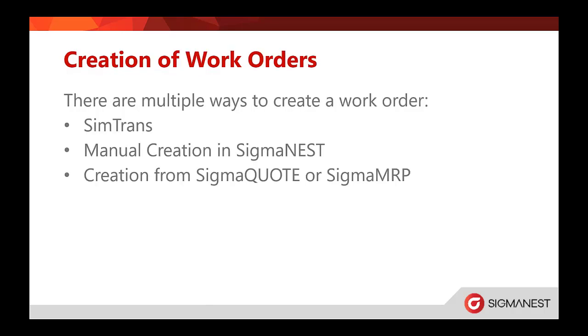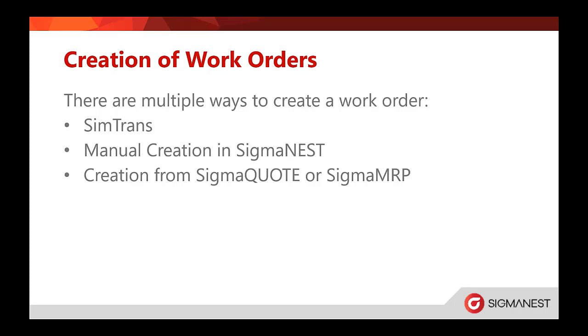So first thing that we're going to be talking about is the creation of work orders. There are multiple ways to bring in a work order into SigmaNEST or create one. The first of which is the SimTrans software that we provide. This is a software that you can get that will be a bridge between your MRP or ERP system.